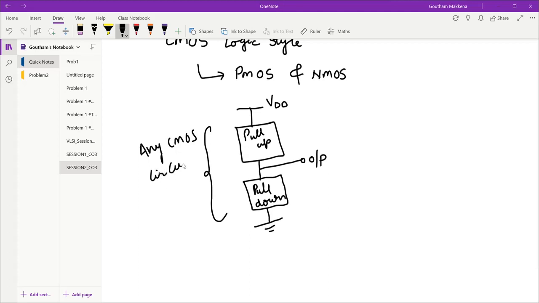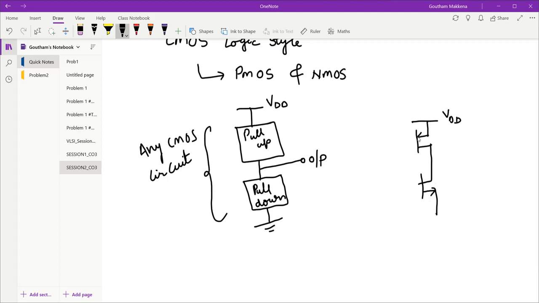Okay, so let us start with the basic CMOS circuit that we are aware of. We are all very good at the CMOS inverter, isn't it? So how does the CMOS inverter look like? This is my VDD. There are two transistors.